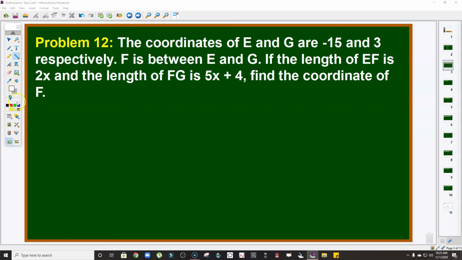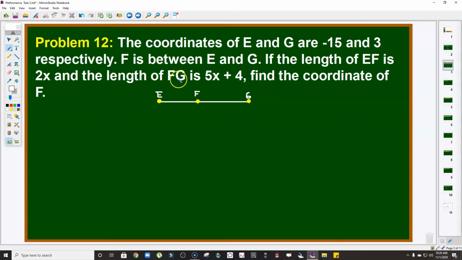So, again, let's make a segment here, as shown. Then let's label the points. Again, suppose this is point E, this is point G. Then F is between.